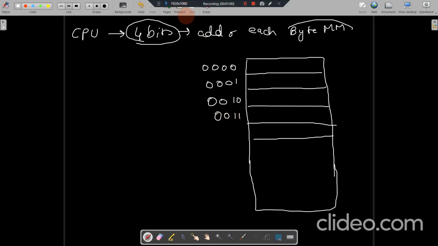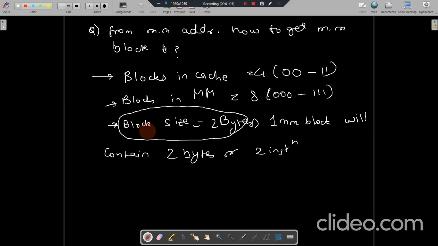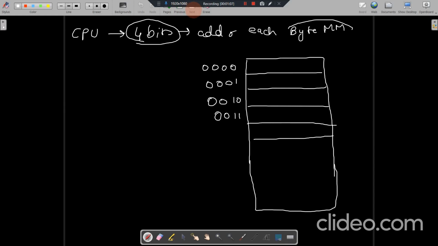From the data in the previous slides, we know that our block size is 2 bytes, right? So these 2 bytes, when they combine, become one main memory block. So how many bits do you require to uniquely represent 2 distinct bytes, byte 0 and byte 1, for each address?